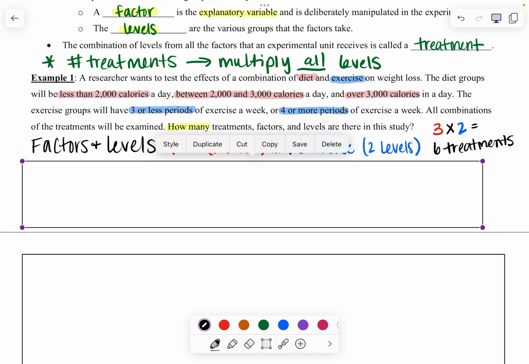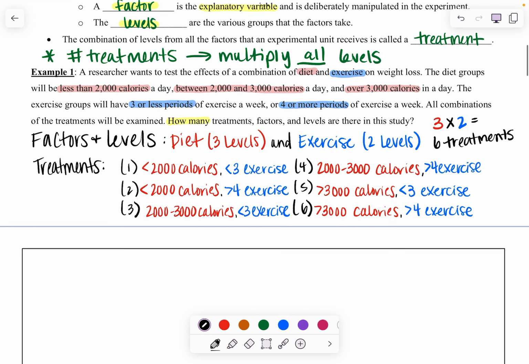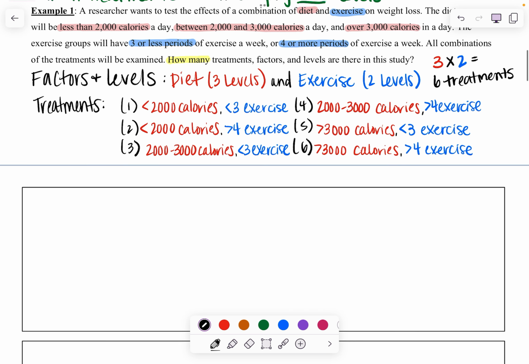Just to show it to you, again, don't feel like you have to write this down. I went in and listed all of the possible combinations. I started with diet first. So I listed 2 for the first diet, 2 for the second, and 2 for the third. And then I listed the 2 different exercise types after.